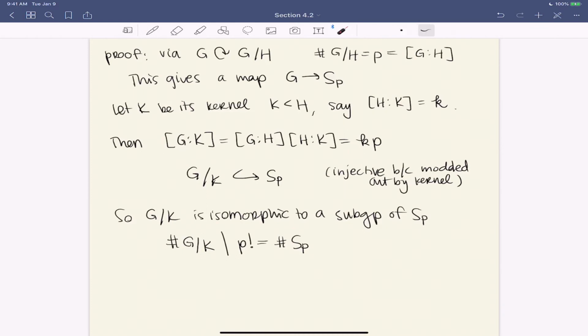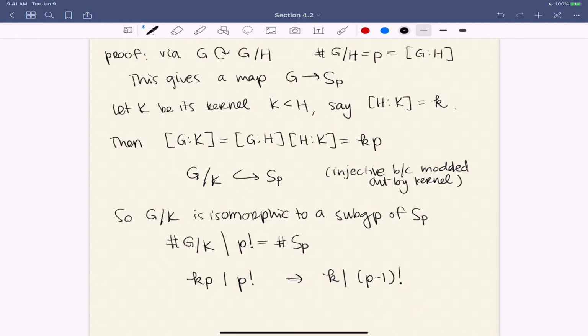Now, the number of left cosets of K in G is the same as the index of K in G. And so this means that kP divides P factorial. And we can divide by P on both sides. That implies that k divides P minus 1 factorial.